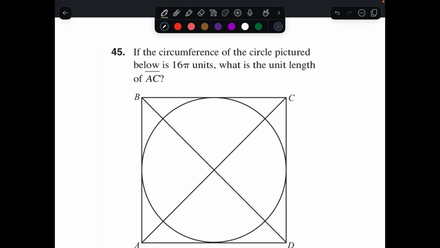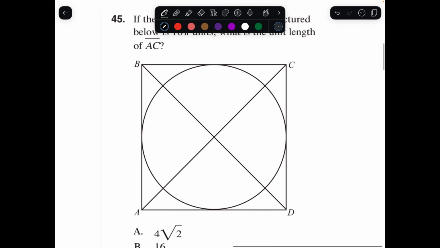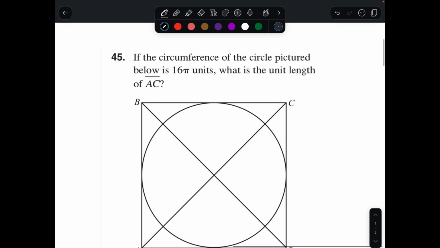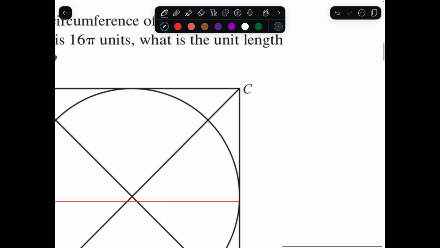On to the next question, question 45, which says, if the circumference of the circle pictured below is 16 pi units, what is the unit length of AC? So for this question, you need to realize that the diameter of the circle is equal to the side length of the square, right? And we can figure out the side length of the square by figuring out the diameter of the circle. It tells us that the circumference of the circle is 16 pi units.